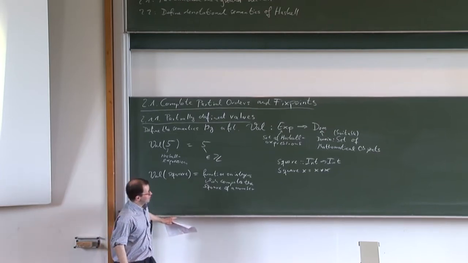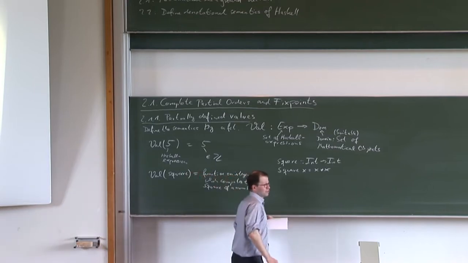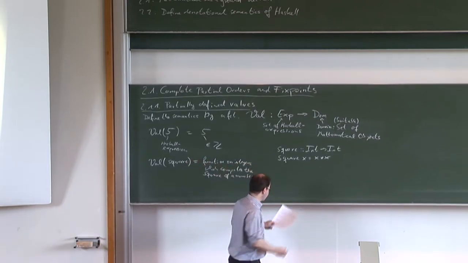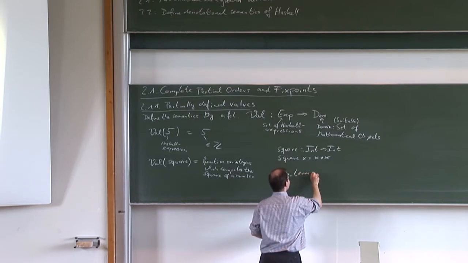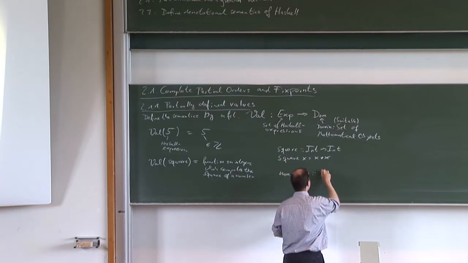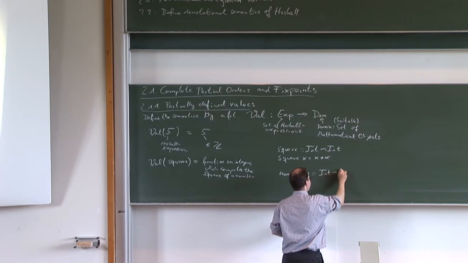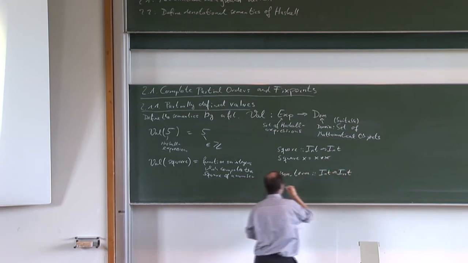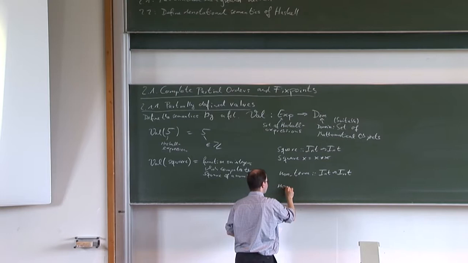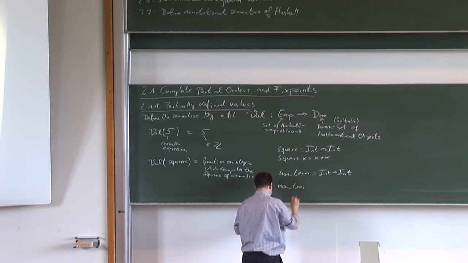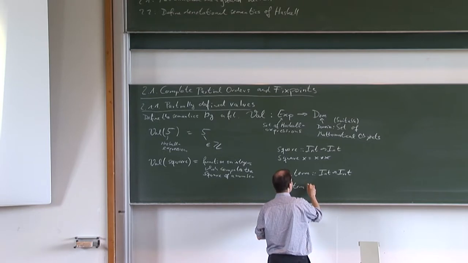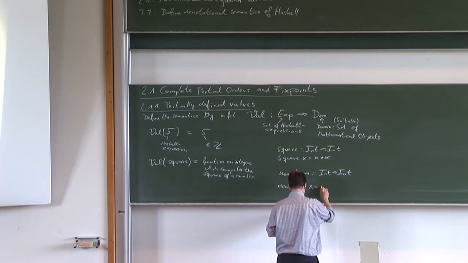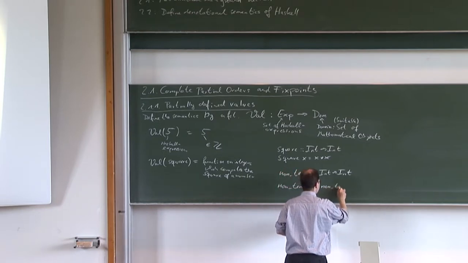Now, in Haskell, not all functions have to terminate, like in any other language. So if we write a function like this, non-term, which goes from int to int, and non-term is defined like this: non-term of x should be non-term of x plus 1.